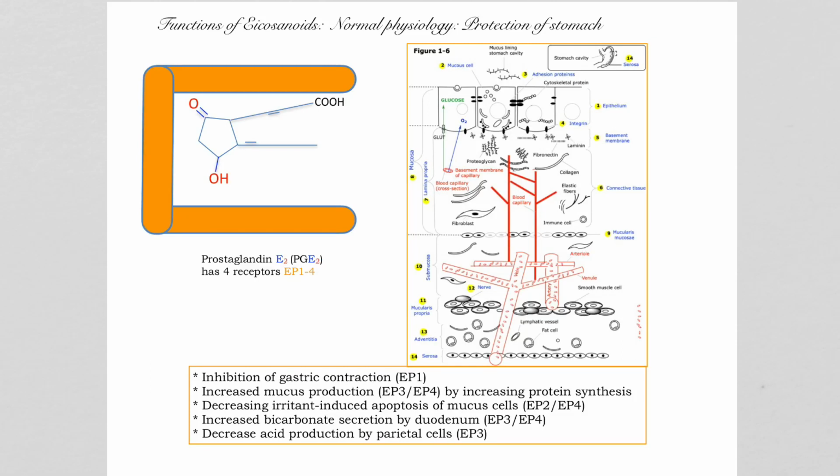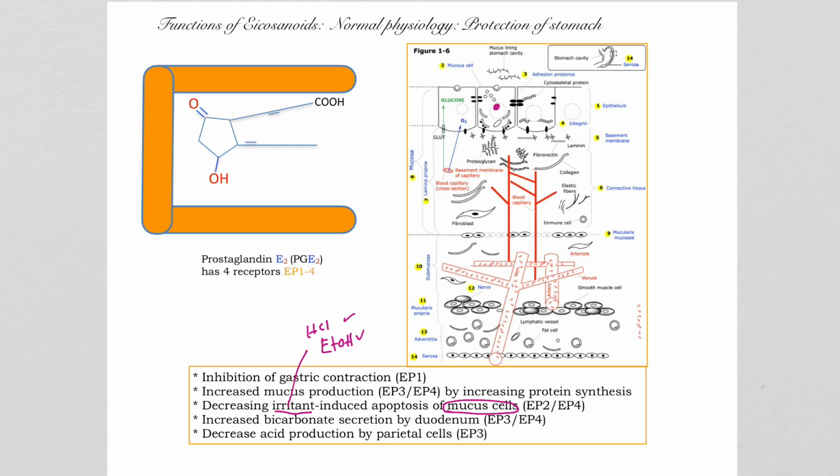Another thing that this prostaglandin does is that we know that irritants, including hydrochloric acid and even ethanol, so some irritants can actually make these mucus cells undergo apoptosis. So these mucus cells programmed to commit suicide or self-destruct is initiated by these irritants.